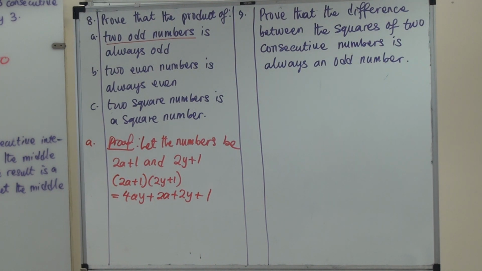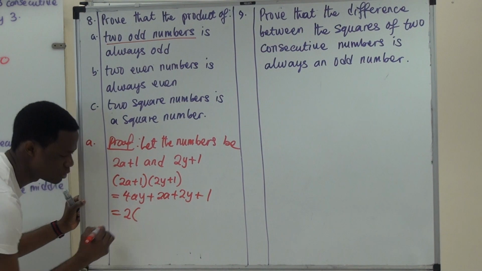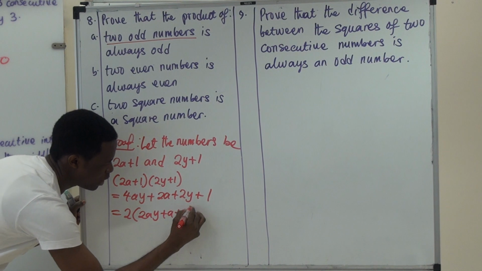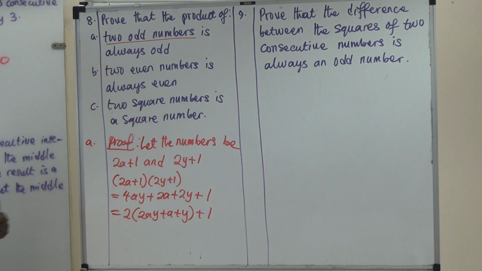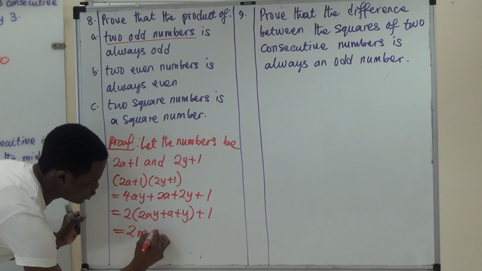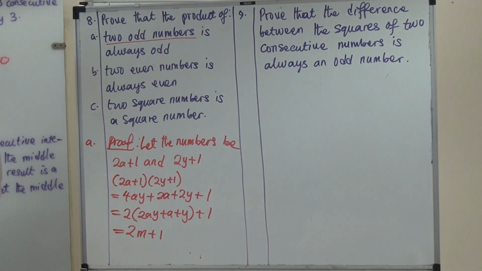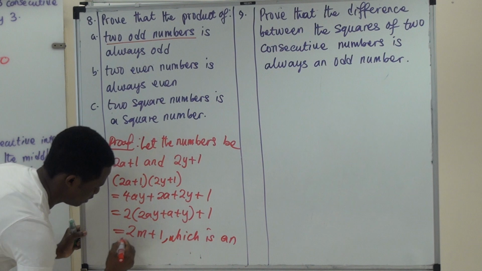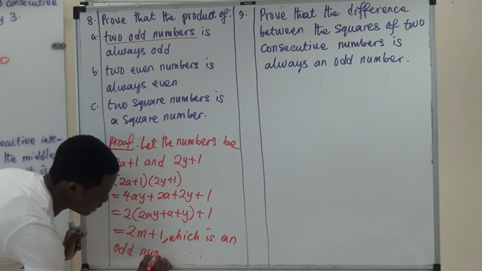What can I do? Karen? Factorize 2, thank you. So, factorize 2. Yes? 2ay plus a plus y. So this is the m that Lillian was talking about. Okay? So, if you like, you can write it as 2m plus 1, which means you have represented the bracket with m. Does that make sense now? So if you do this, then you say, which is an odd number. And that is the end of your proof.